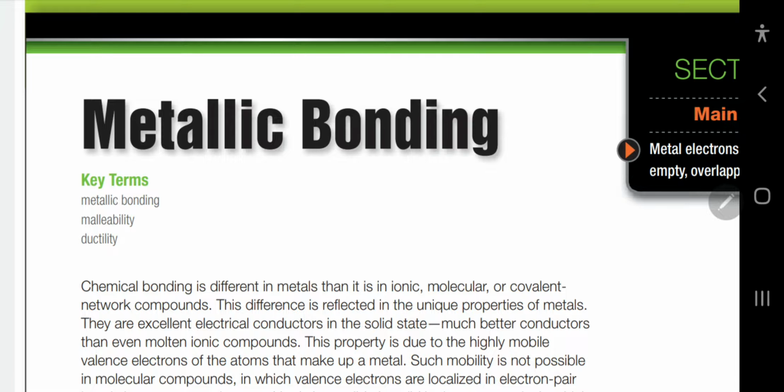In our video today, we're going to talk about the third type of bonding, which is metallic bonding. Actually, guys, this type of bonding is a little bit different than the previous types.